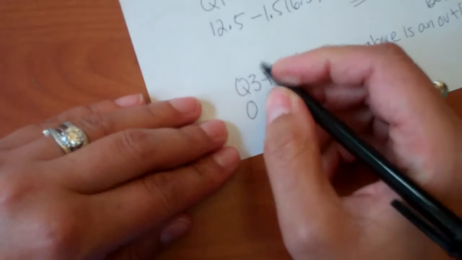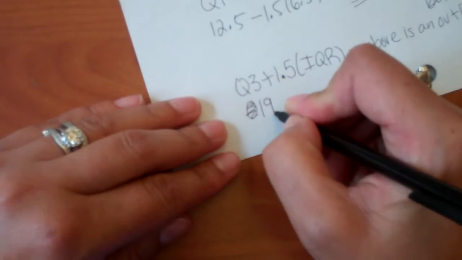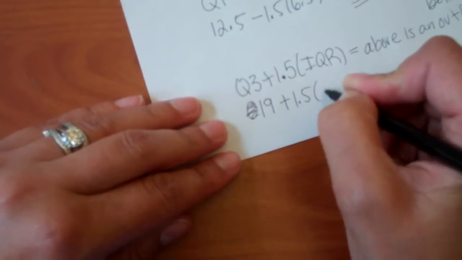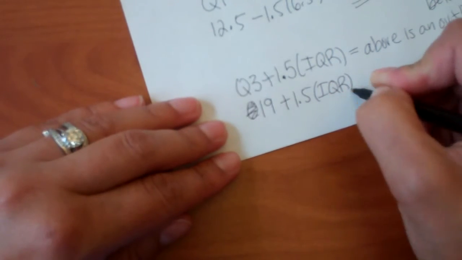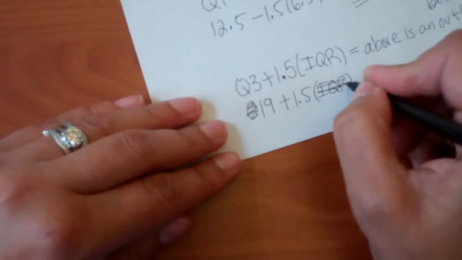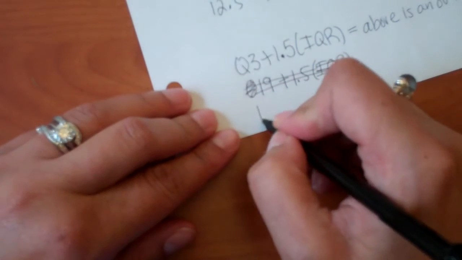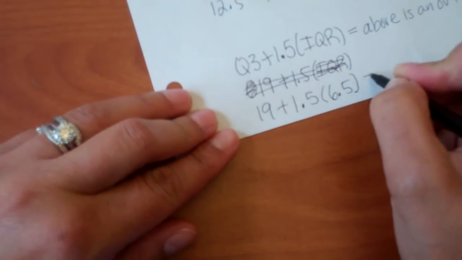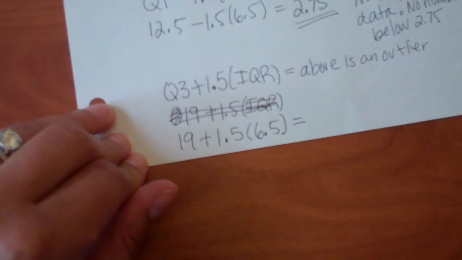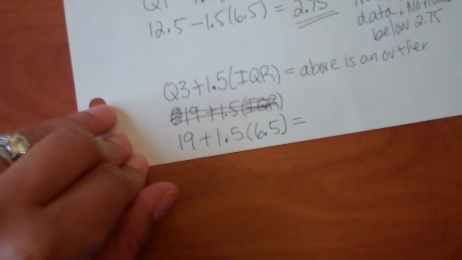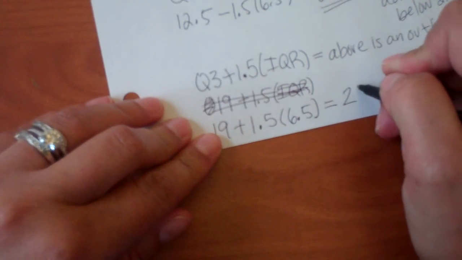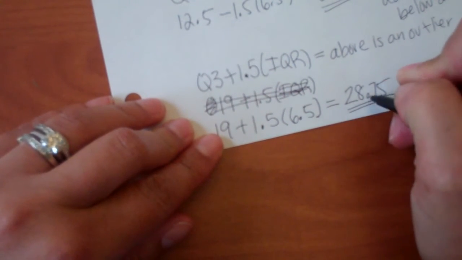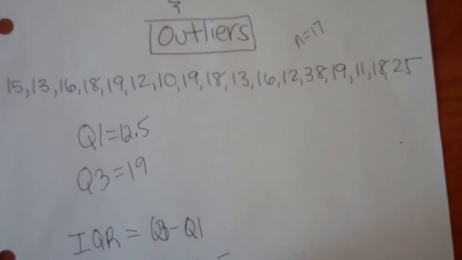Our Q3 is 19 plus 1.5 times our IQR, which is 6.5. Let's see what that number is. 19 plus 1.5 times 6.5. We come out with 28.75. So any number above 28.75 is an outlier.